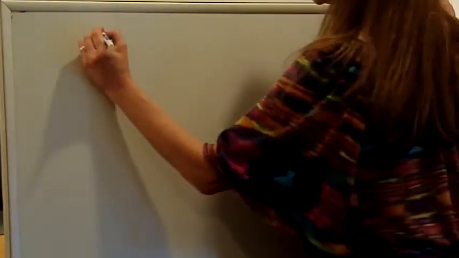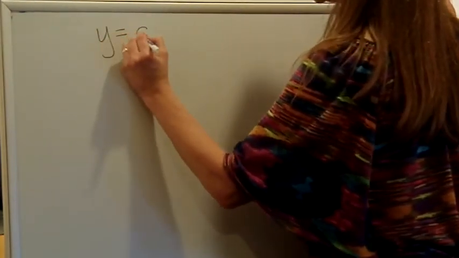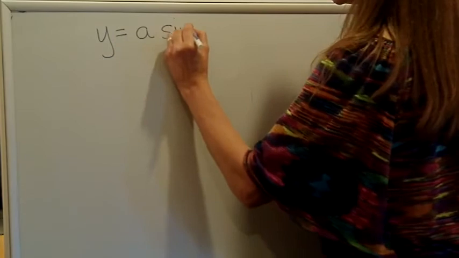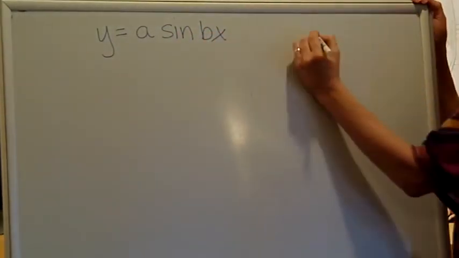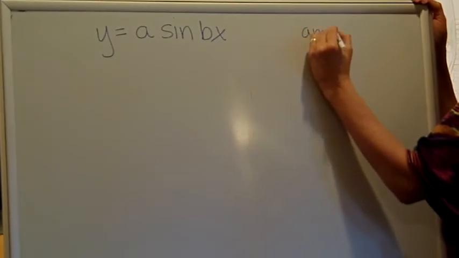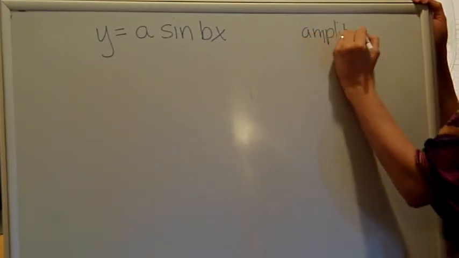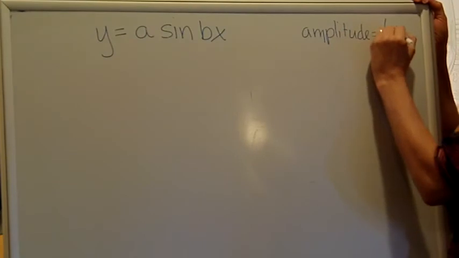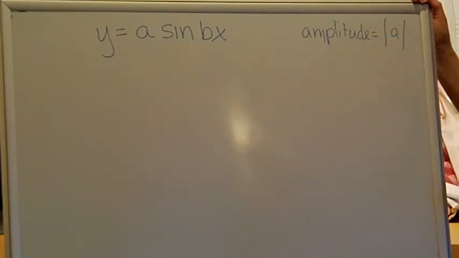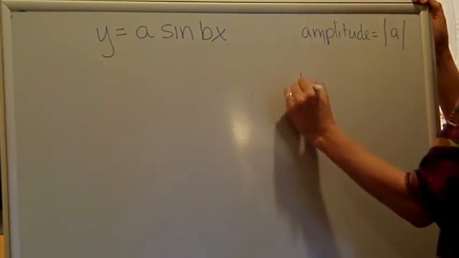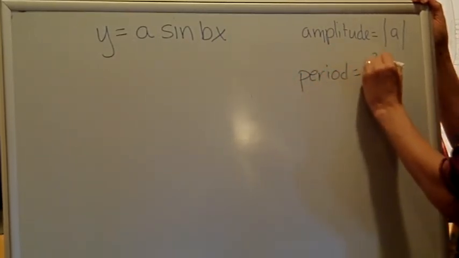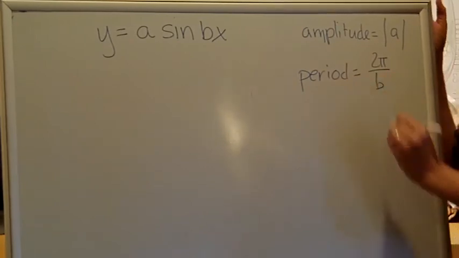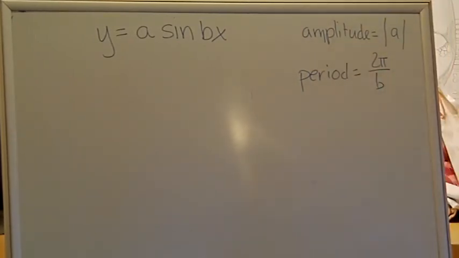So the first thing you need to know is when you have some sine function that looks like this, your amplitude is the absolute value of A. Your period for sine is 2 pi divided by the value of B every time.